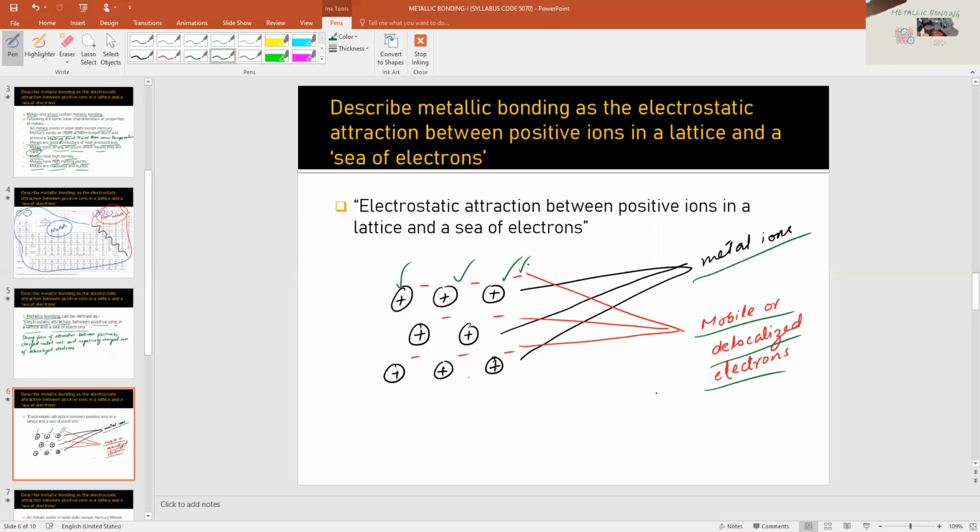Lattice is a regular, repeated three-dimensional arrangement of atoms, ions, or molecules in a metal or other crystalline solid. Let me write here.